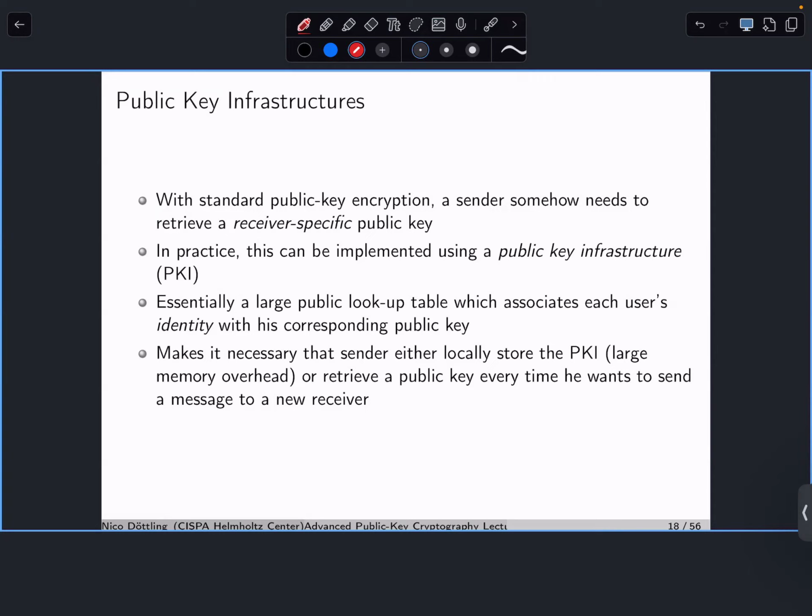That means additional interaction. Before I can talk to any one of you securely, I first have to talk with a server to retrieve your public key.